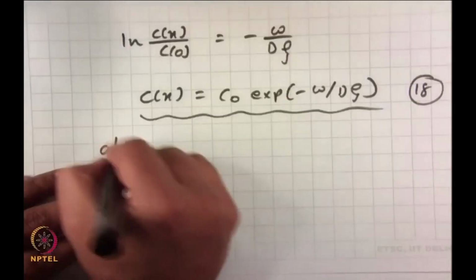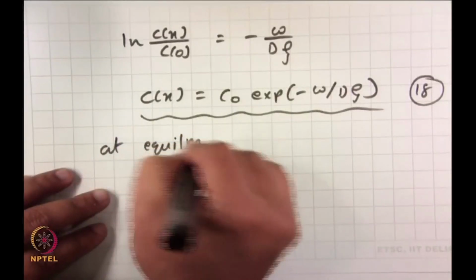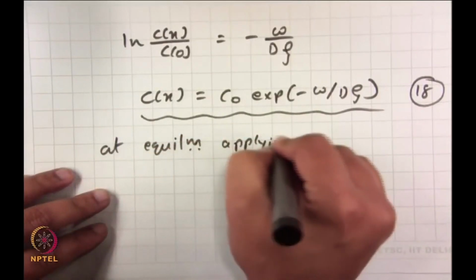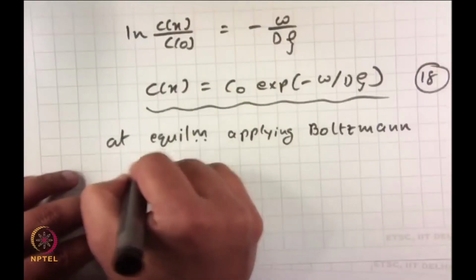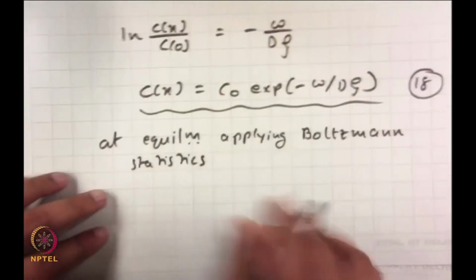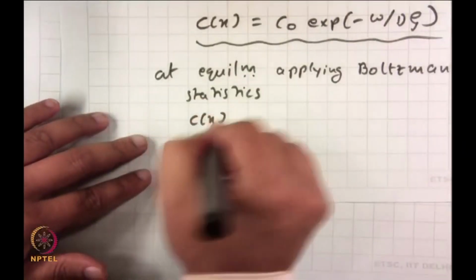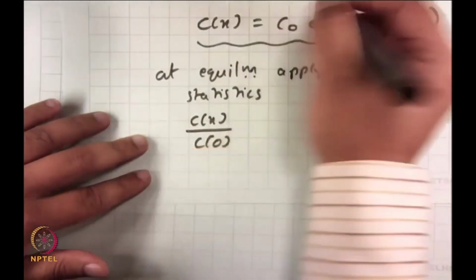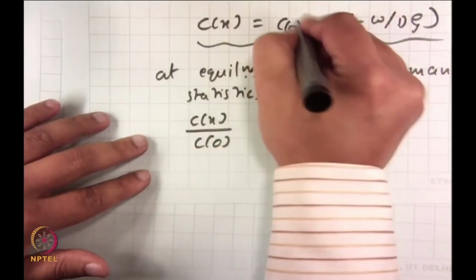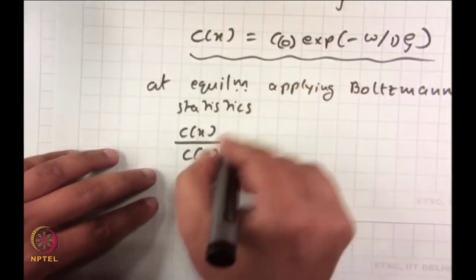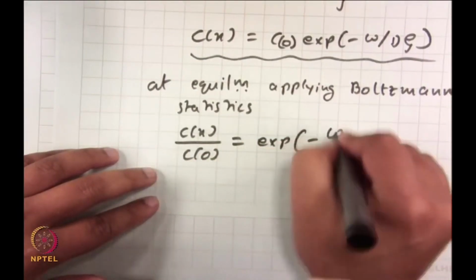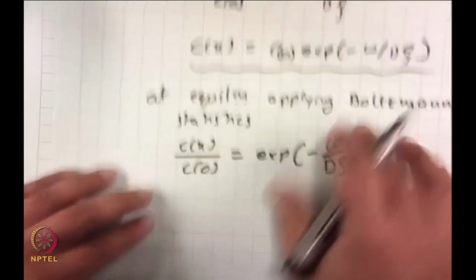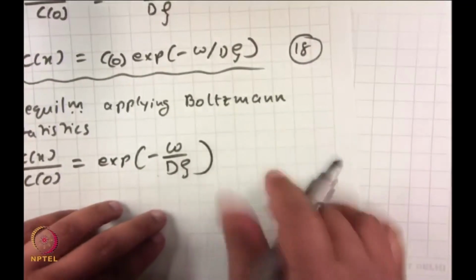So, at equilibrium, applying Boltzmann statistics, one can write that C of x over C of 0, just make that change, C of 0, it is the same thing, is equal to exponential minus W over d xi, which is from 18, and because we are applying Boltzmann statistics, this should be equal to what?